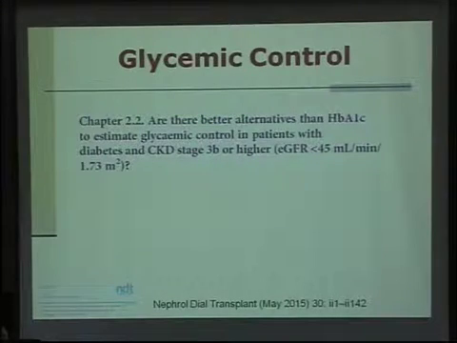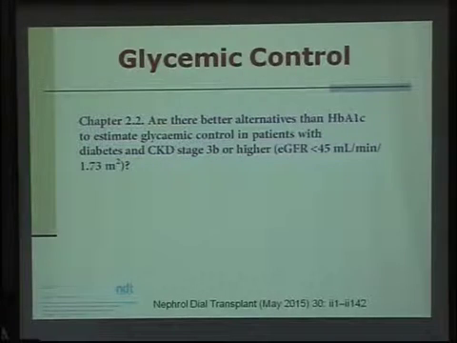Regarding glycemic control, if you are dealing with a diabetic, I asked you and you said 6.5 A1C, and you said that A1C is superior to plasma glucose. My question to you, is there a problem to use A1C in diabetic and in chronic kidney disease?